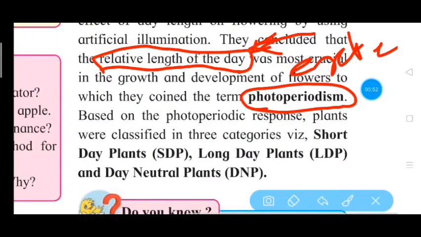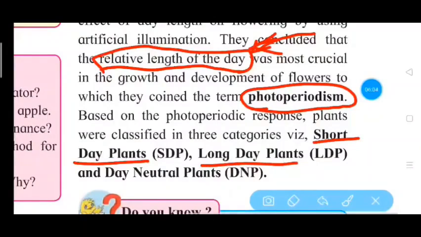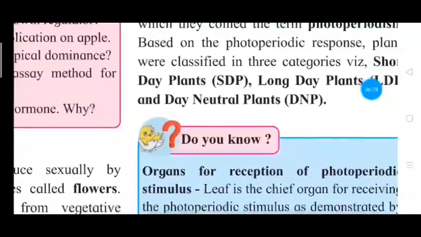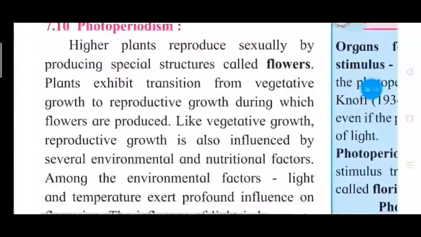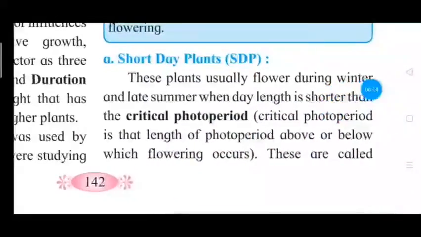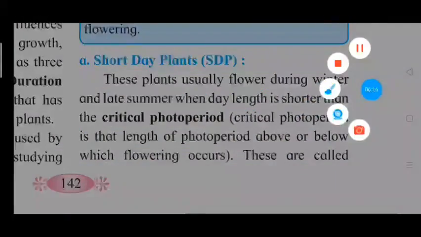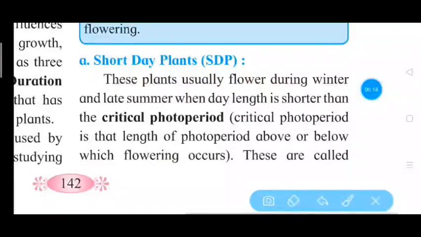exposure to light. Based on the photoperiodic response, plants were classified into three categories: short day plant, long day plant, and day neutral plant. The first category is the short day plant.